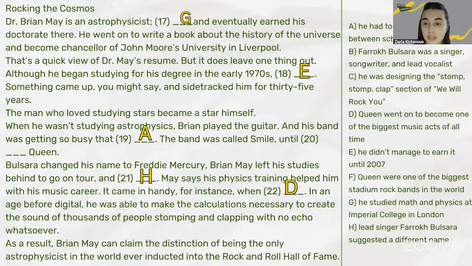So I just skipped this, and that's why it is wrong for now. When he was designing the stump. So here, his physics training helped him when he was creating something for his group, for his band. Okay, I'm sorry for this mistake. It won't happen next time, but it's okay.